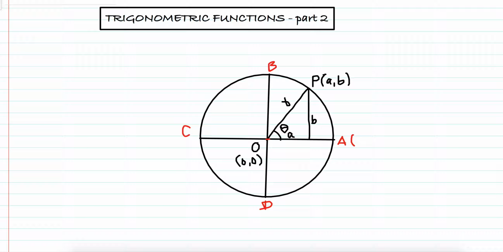This is at an angle of 0 degrees or 0 radians, both are same. This is at pi by 2 radians. This is at pi radians from the side OA, from this axis.